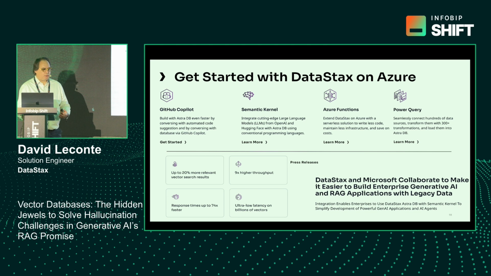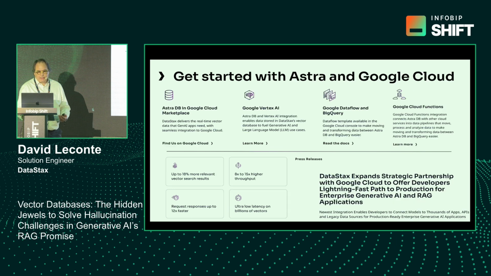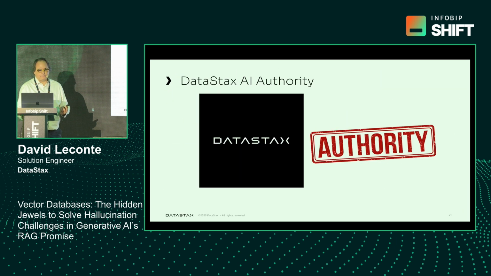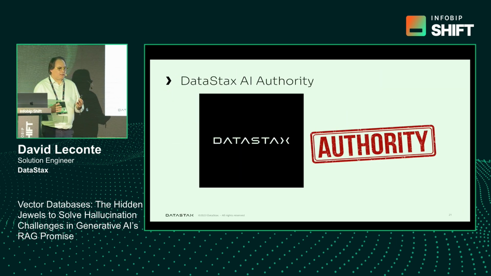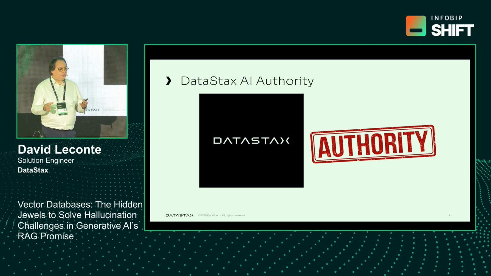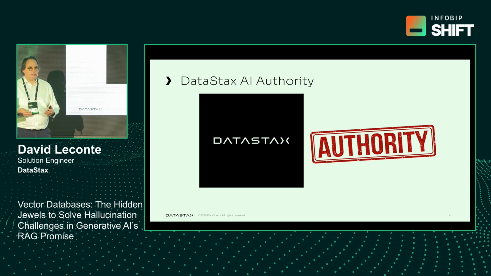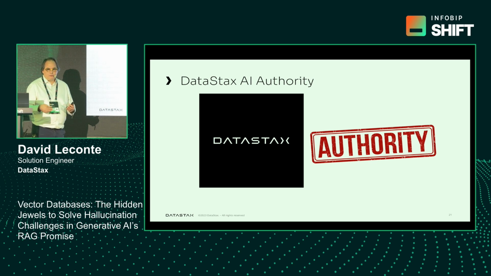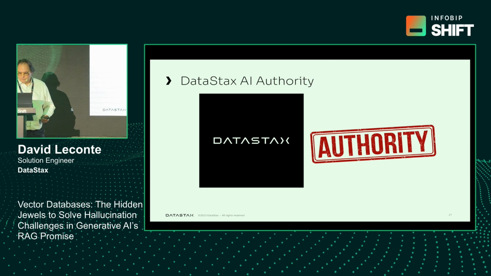And that means that we have been able to partner with all the hyperscalers, and we are nowadays integrated with all their frameworks, from Bedrock to Vertex AI and so on. So yes, DataStax has a kind of Gen AI authority built upon 14 years of serving the most critical data use cases on the planet, and is already committed to helping companies with AI projects.